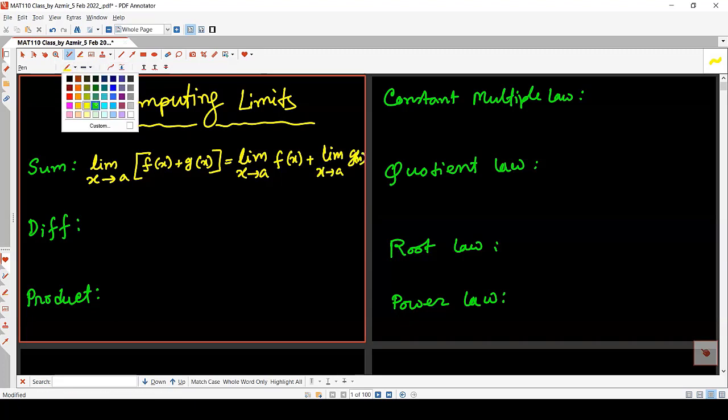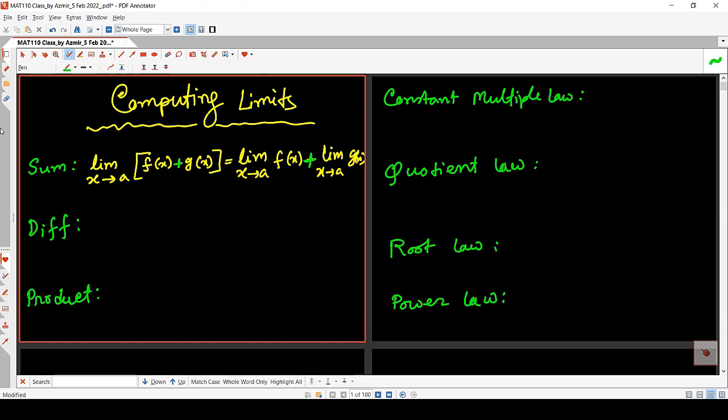That means we can see that limit is being distributed with these functions. So it is said that the limit of a sum is the sum of the limits. Similarly, we can think about the difference rule.